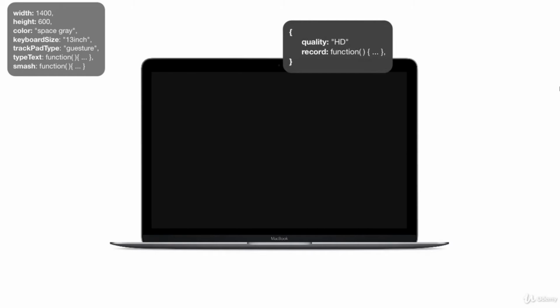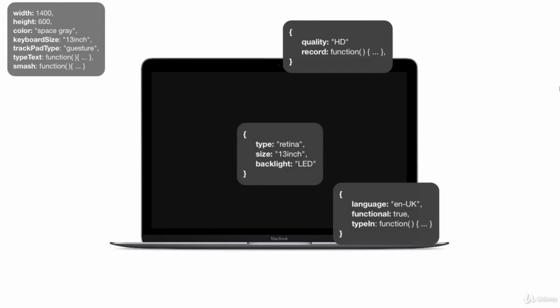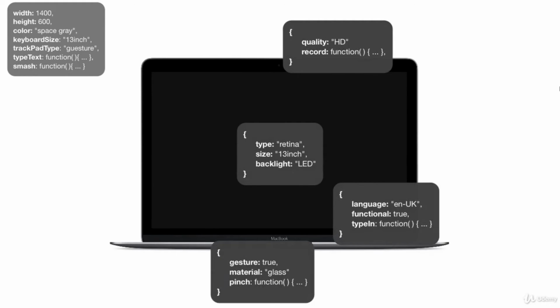Now, the next level is embedded objects. So we've already established that objects are very, very simple, but objects can contain objects. Just like in everyday life, objects do contain objects. Again, think of your computer that's sat right in front of you. Well, it's not just made up of one object. It's not just classed as one object. You may have a camera in your computer. You have a screen. You have a keyboard. You have the trackpad. Each of which have their own nouns and verbs associated with each component in your computer.